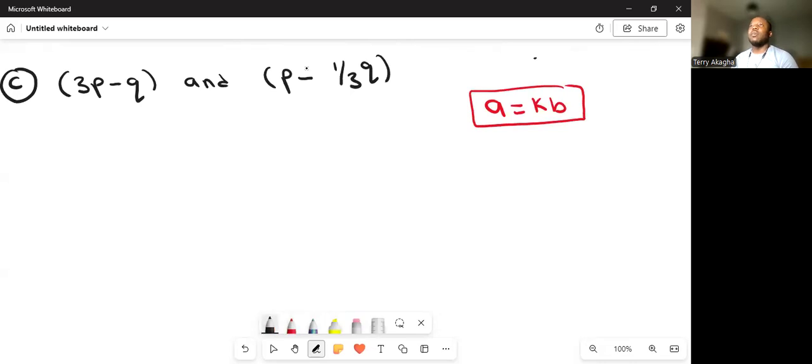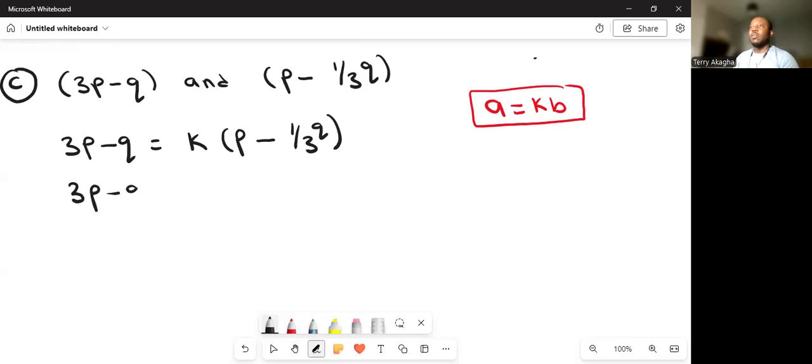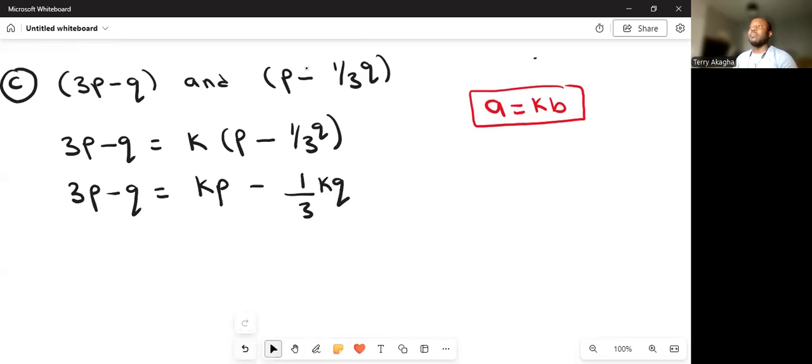We're going to have 3P minus Q must be equal to K times P minus 1 over 3Q. Are you seeing it? We open the brackets. So we have 3P minus Q equal to KP minus 1 over 3 KQ.